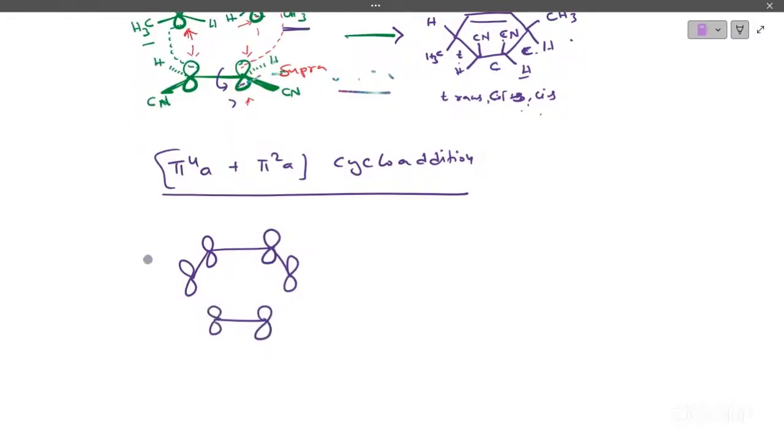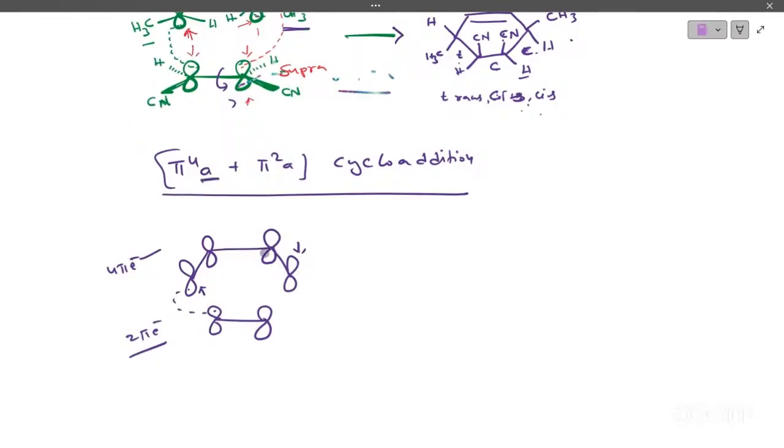This is the first pi system with 4 pi electrons. This is the second pi system with 2 pi electrons. Now both are antara-antara. You maintain the same standard interaction. The first interaction is the bottommost lobe involved in the interaction, and the second lobe should be the outer lobe. Above, the topmost lobe is involved in the interaction because it is antara mode of addition.